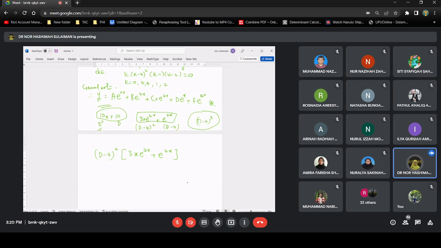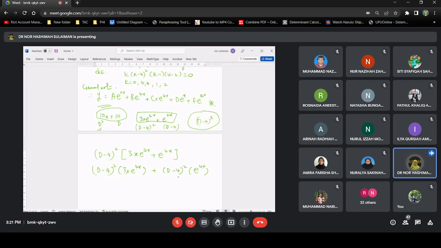Okay? Alright, so apa yang berlaku adalah you have D minus 4 to the power of 2. Saya apply ke 3x E to the power of 4x, and then saya apply juga D minus 4 squared onto E to the power of 4x.